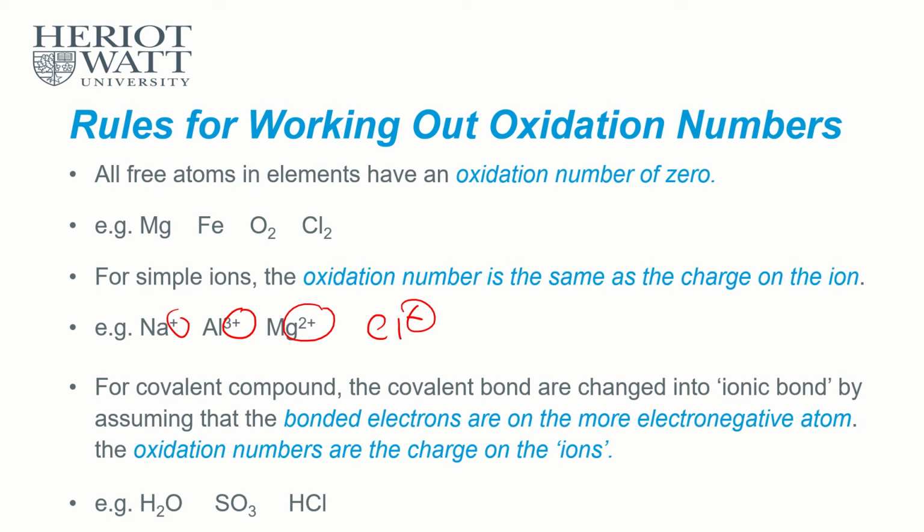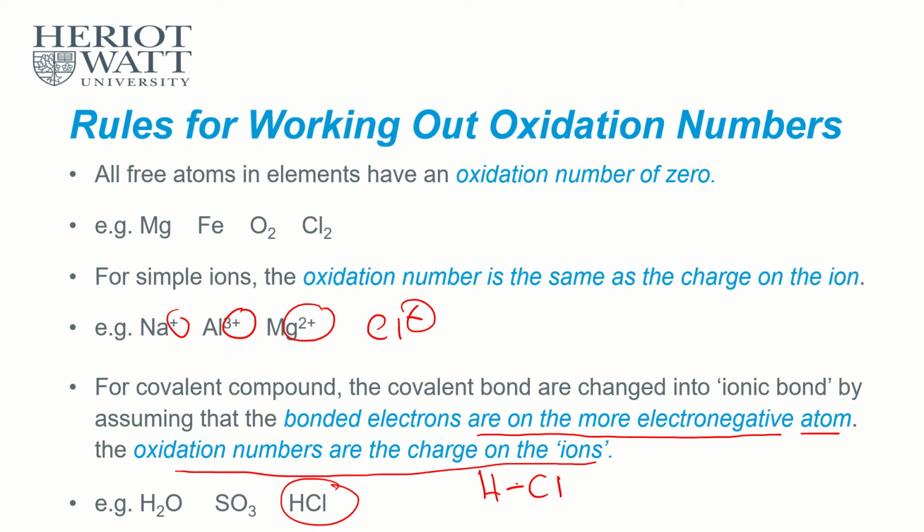We still have to make an assumption on this. The bonded electrons are on the more electronegative atom. Like we learned, electronegativity. Okay, so the oxidation numbers are the charge on the so-called ions, which means, for example, I have HCl here. So even though HCl is a covalent molecule, we're still able to identify the oxidation numbers.